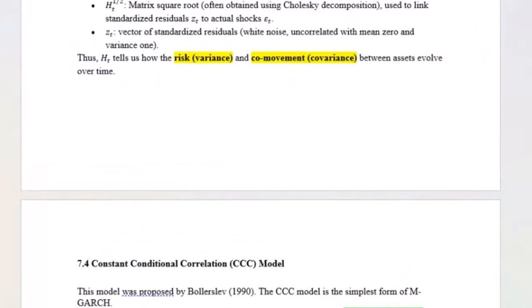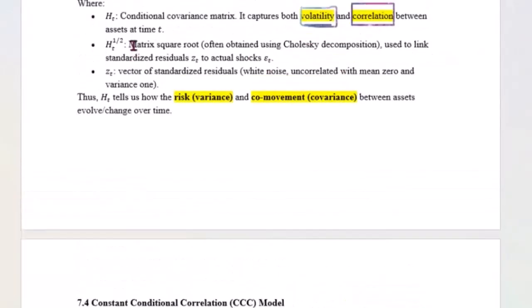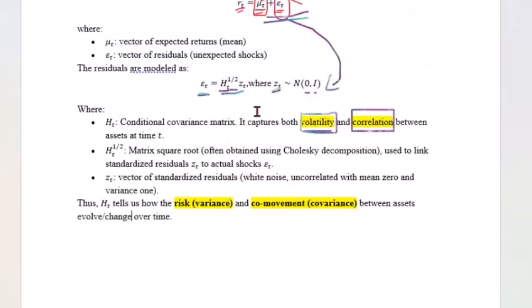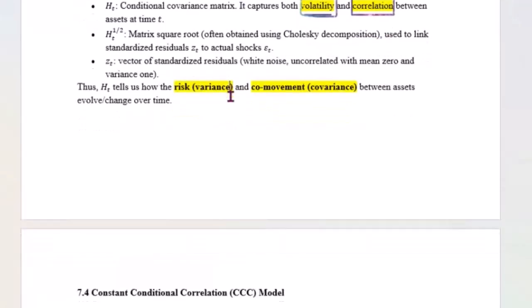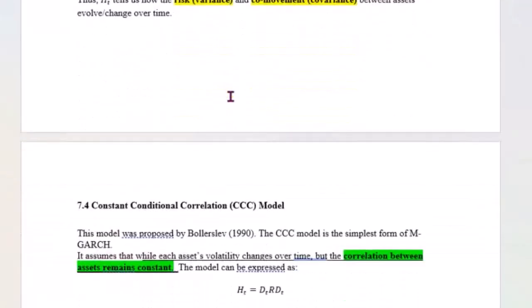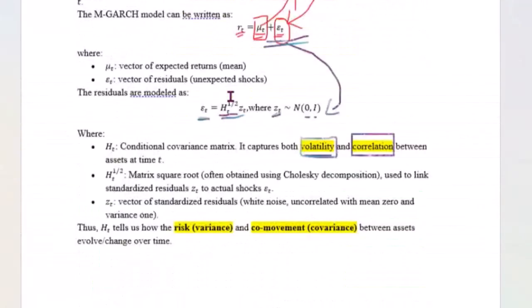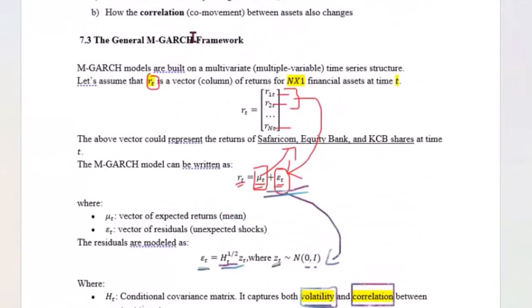The reason we have this error term here is so that we can capture the changes in the risk, the changes in the variance, and the changes in the covariance of the two assets. That's simply how this M-GARCH framework is modeled.